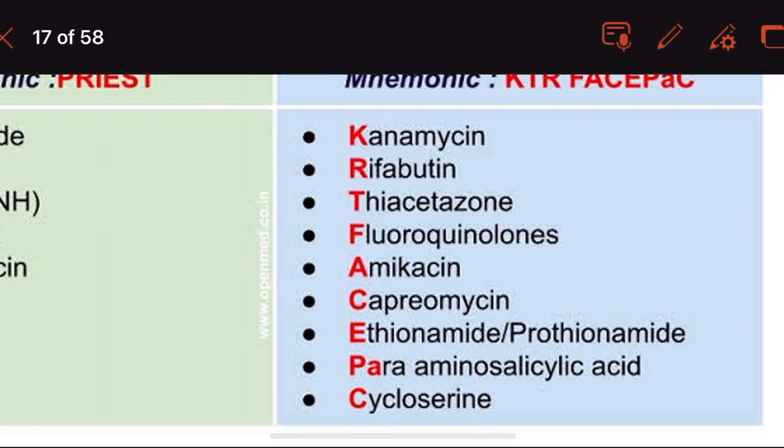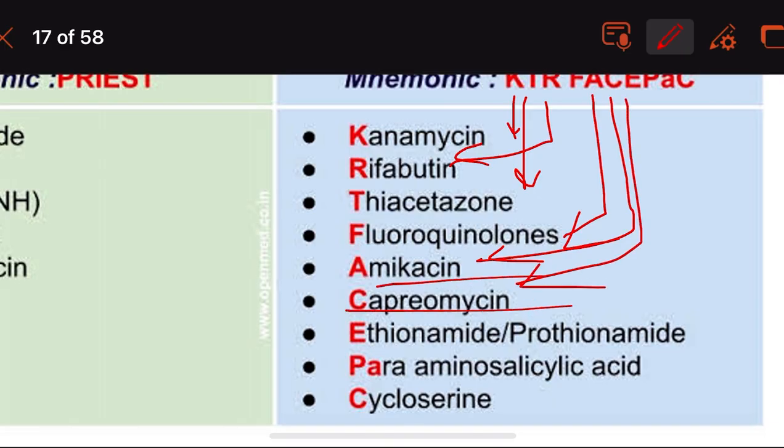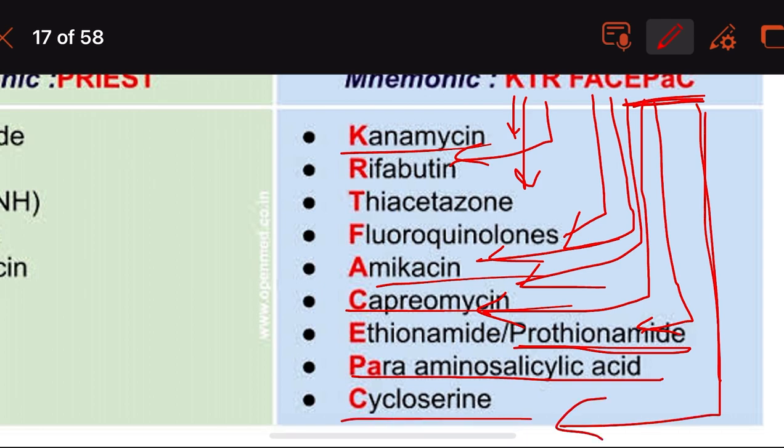Is it clear? K kanamycin, T thiacetazone, R rifabutin, F fluoroquinolones, A amikacin, C capreomycin. And then P stands for prothionamide, or you can remember it as E, ethionamide, and PA stands for para-aminosalicylic acid, and C stands for cycloserine.